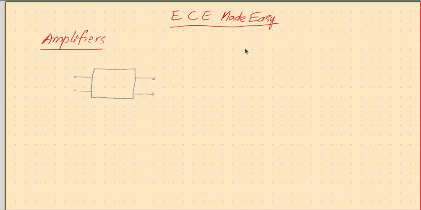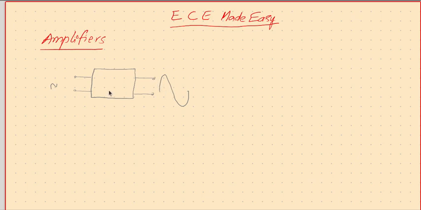The signal may be in the form of a small voltage, which we want as a large voltage change. Such an amplifier we call a voltage amplifier. Or we may have a small variation in current which we want to magnify and make a large variation in current.